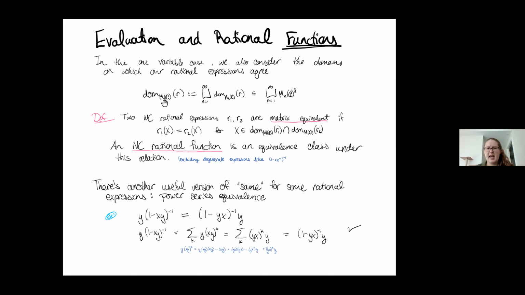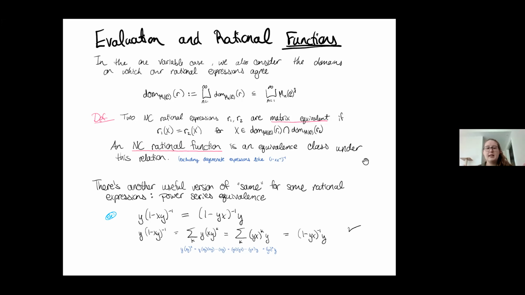If they do, these two rational expressions are called matrix equivalent. Sometimes you'll see it as M of C equivalent, because sometimes you also only talk about real valued matrices, but matrix equivalent. So then we want to talk about actual functions. Remember, these rational expressions are just, can you write it down? We're not bothering simplifying. So instead, I want rational functions, and I want to care about their domains' intersections.